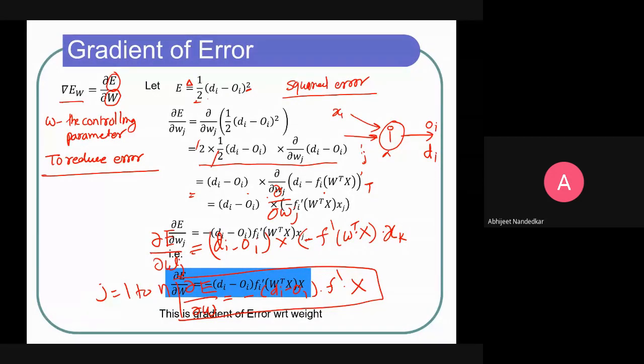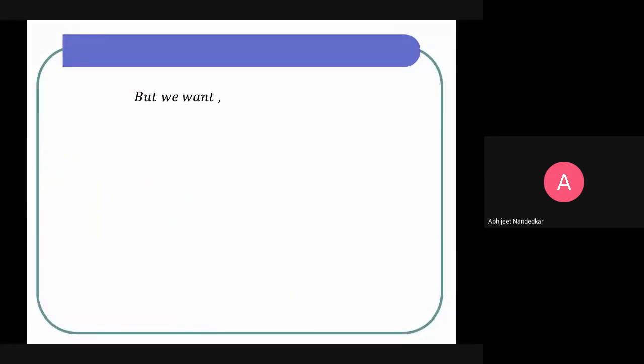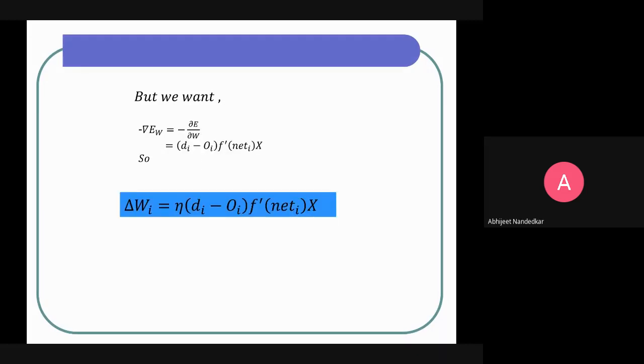So this is called a gradient of error. But we want negative gradient of error. So negative gradient of error, so that minus sign will go, and your change in weight now will be negative gradient of error.